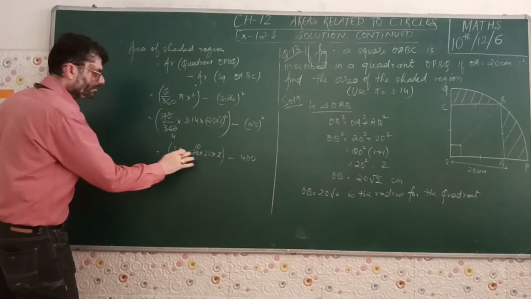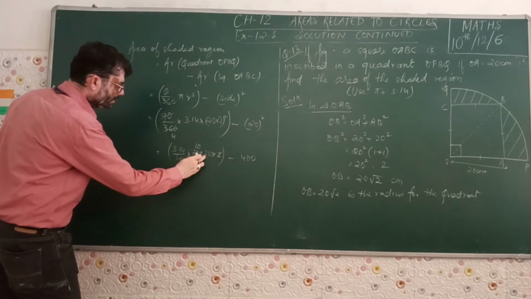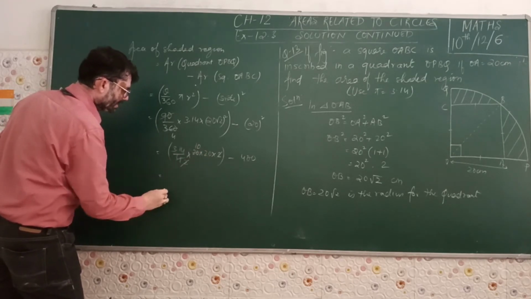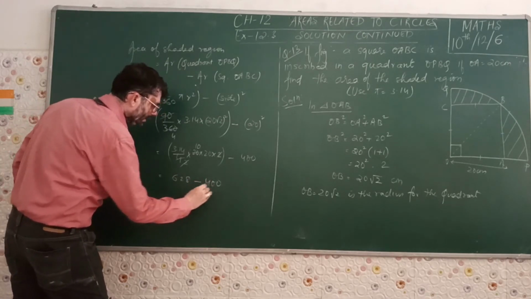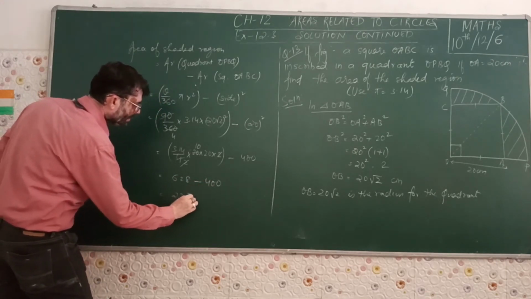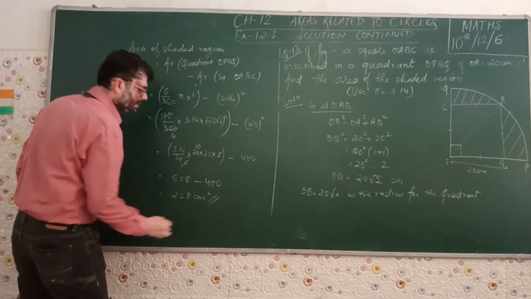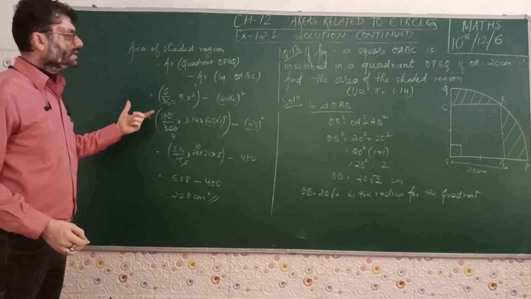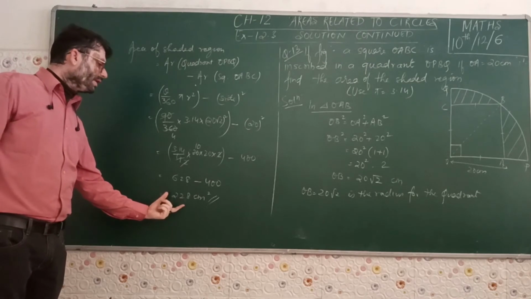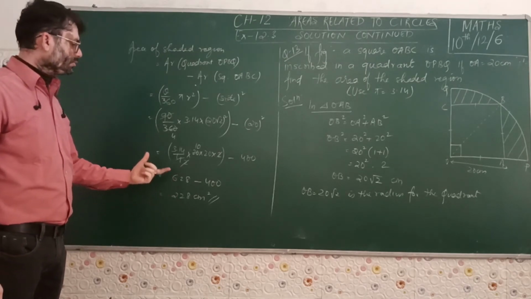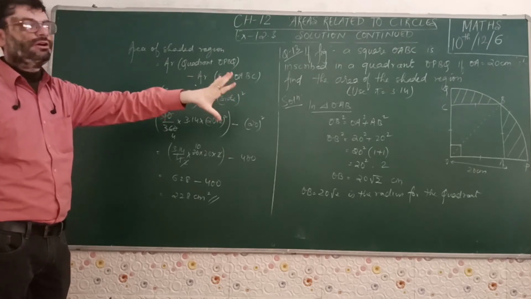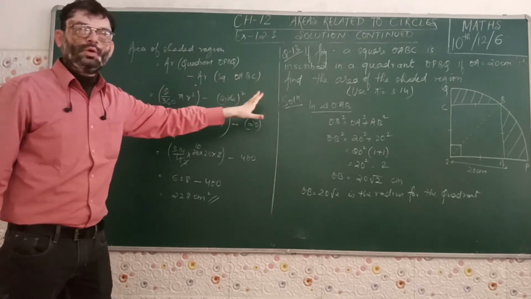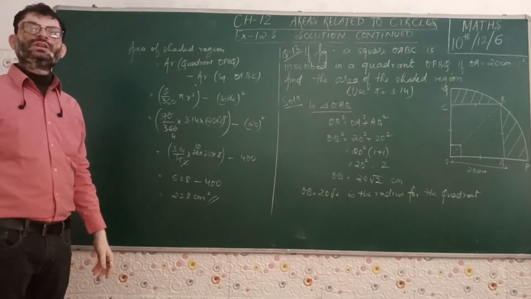So this is 3.14 into 2, which is 6.28 into 100, that is 628 minus 400, which is 228 centimeter square. That is, the area of the shaded region will be 228 centimeter square, which is obtained by subtracting the area of the unshaded region from the area of the whole quadrant, which gave me the area of the shaded region.